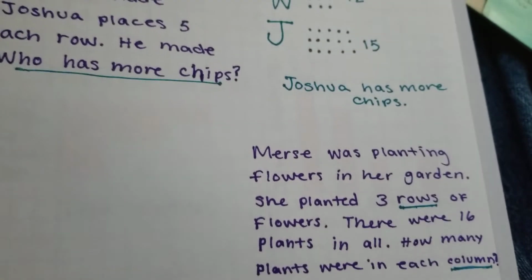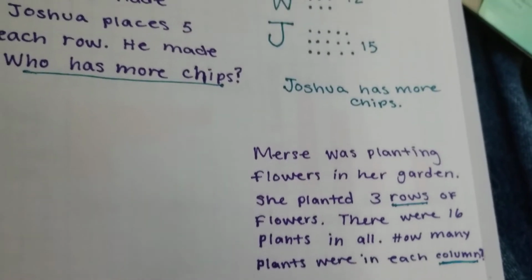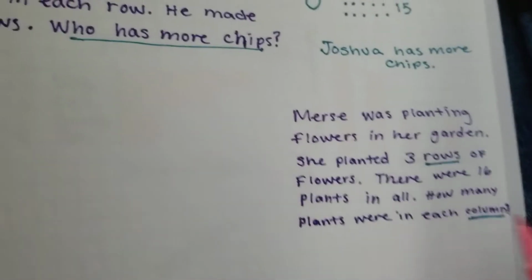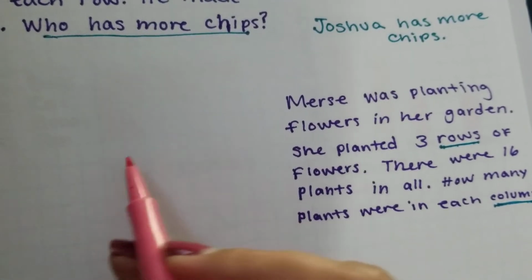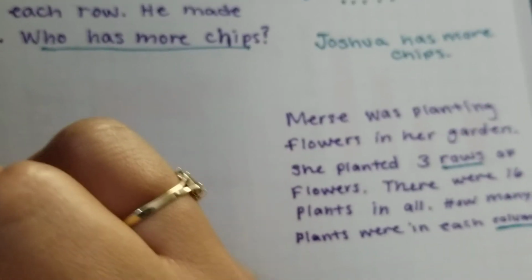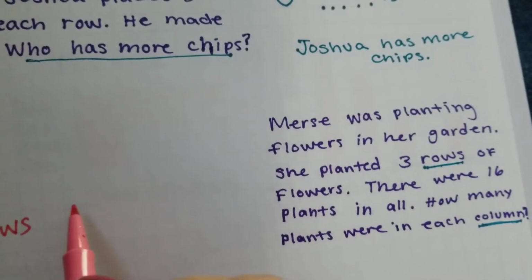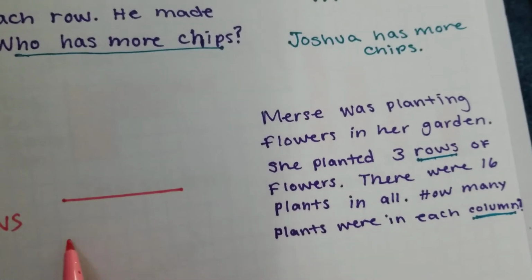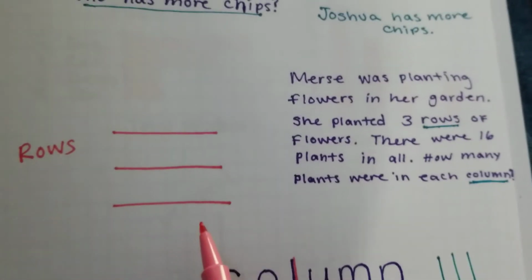So let's go back to our problem. Mercy was planting flowers in her garden. She planted 3 rows. So rows means that they have to go across. So let me say rows. And I know she has 3. So there are 3 rows.